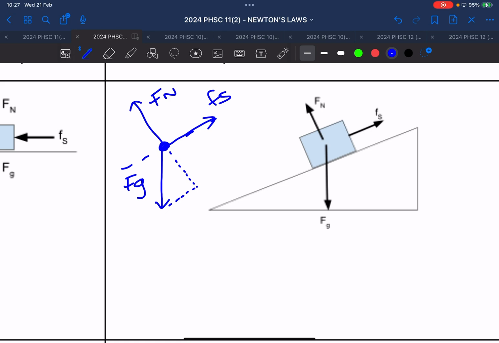Then you put in arrows, down and to the left. Arrows. And you label them.